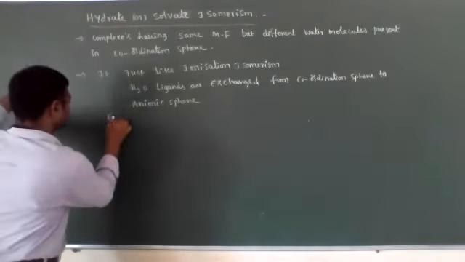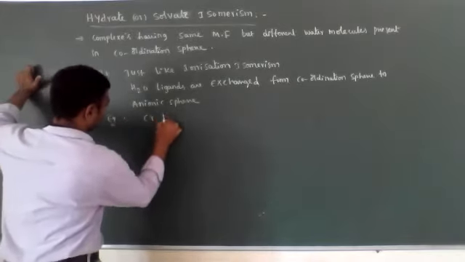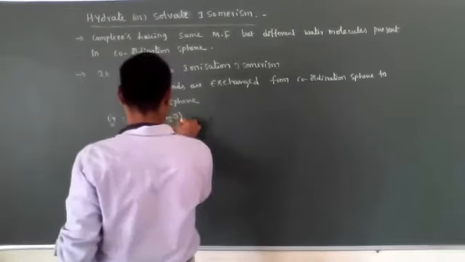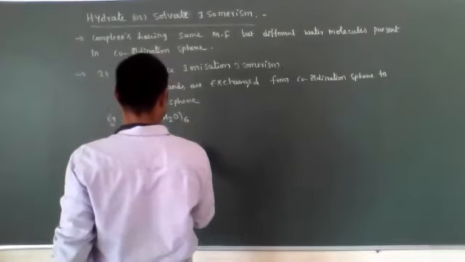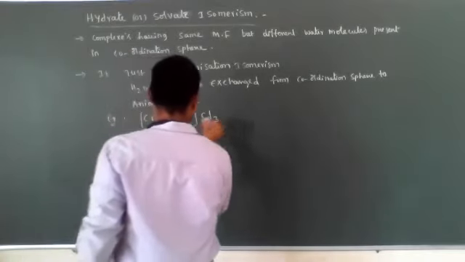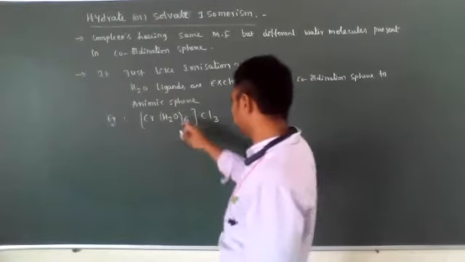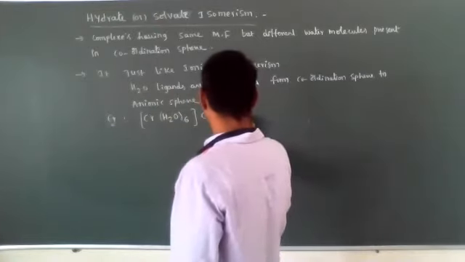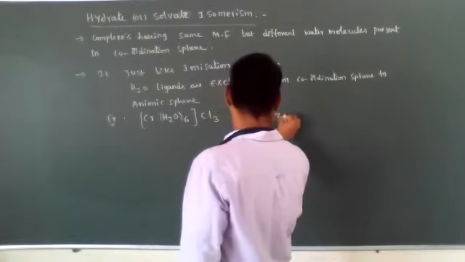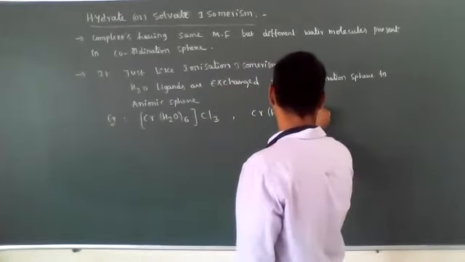For example, let's see [Cr(H2O)6]Cl3, which means chromium plus 3, then [Cr(H2O)5Cl]Cl2.